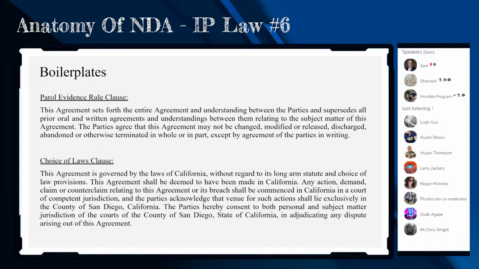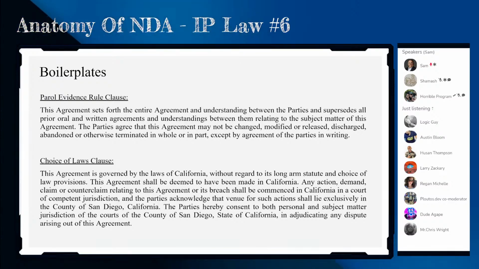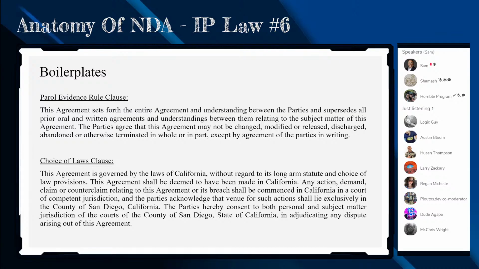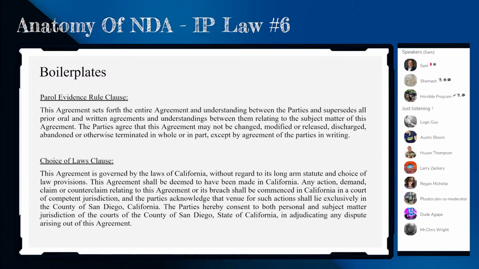Choice of laws clause. This is one of the favorite examples of courts and criminal law professors in law school: I'm standing in California, you're standing in Arizona, the border's between us, we're 10 feet apart, I take my gun out and I shoot and kill you.